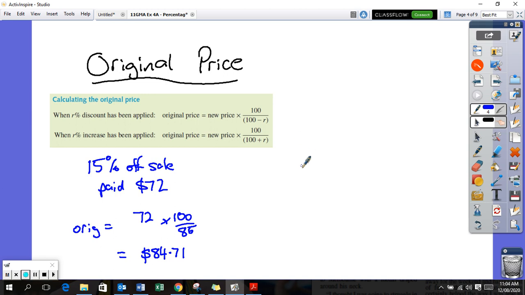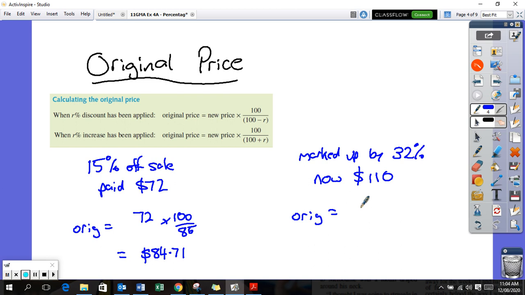Okay, so something's being marked up by 32% and is now, let's say, $110. Then originally, okay, so this is what it was before. It was a bit lower, it was being marked up by 32%.